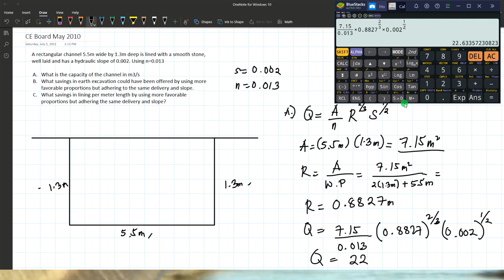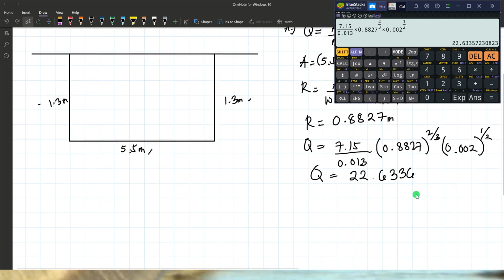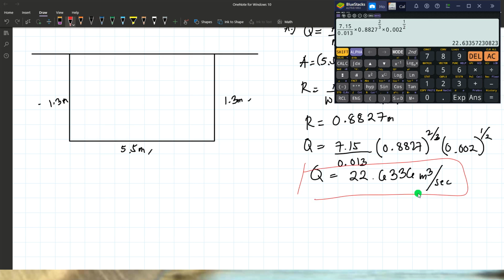Okay, the flow rate is 22.6335, or 36 if we have 4 decimal places. That's in cubic meters per second. That's the answer for letter A.